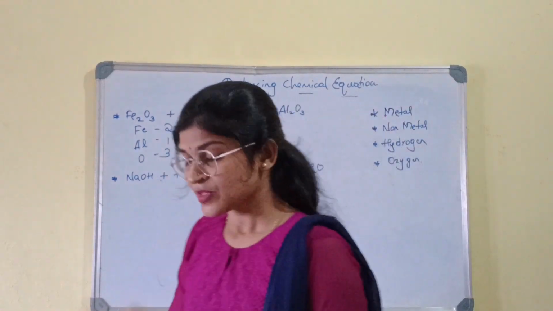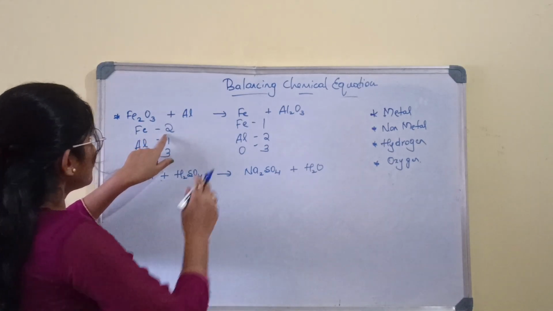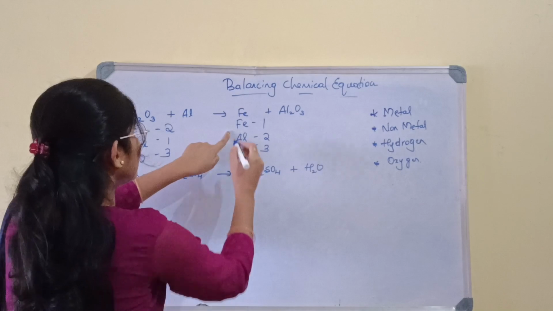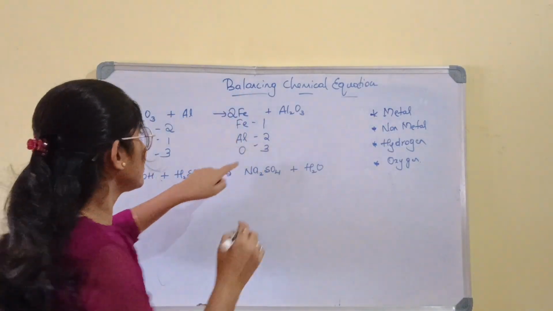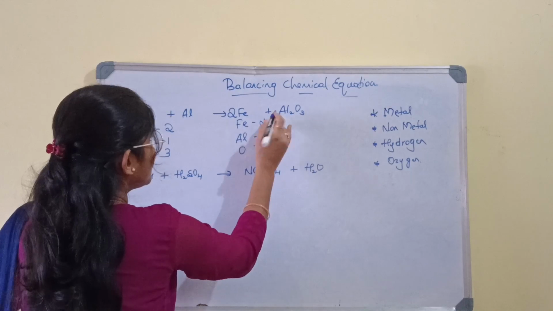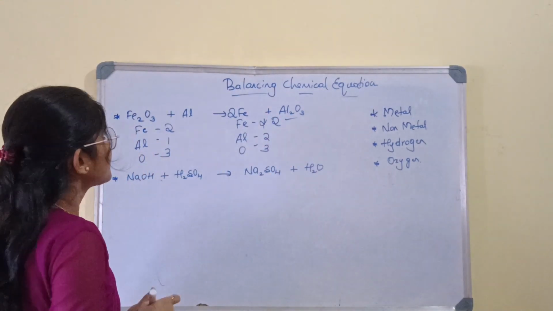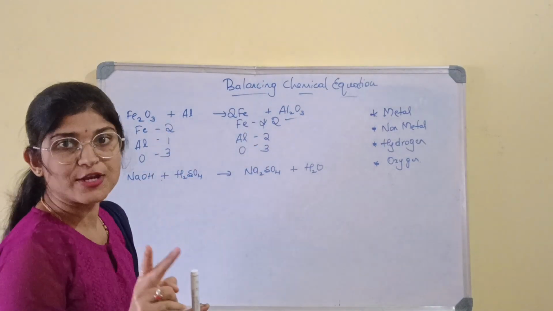Fe2, so you need 2 iron atoms on the product side to balance the equation. So you write 2 irons. Now it became 2, it is balanced. And next, Al2: you need 2 aluminium atoms on the reactant side.